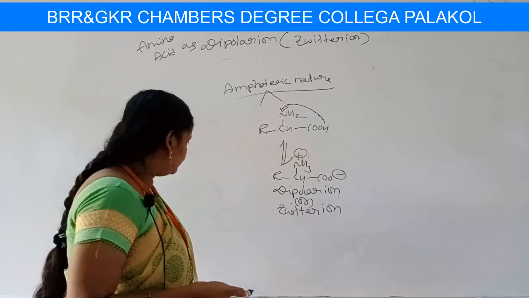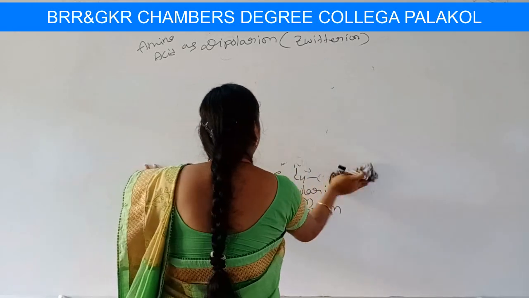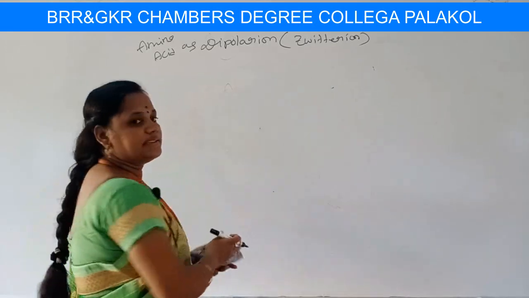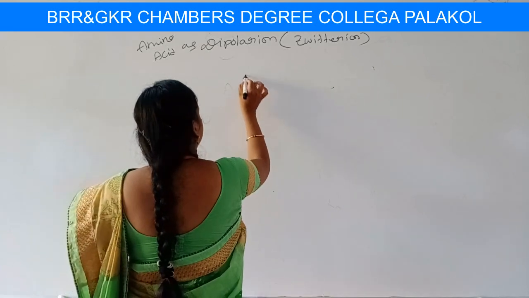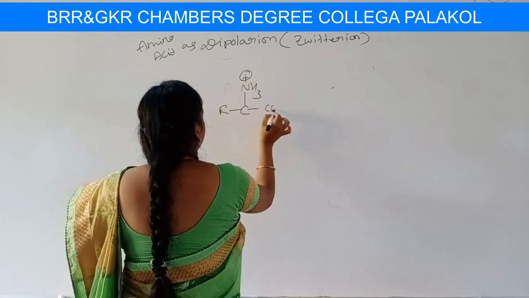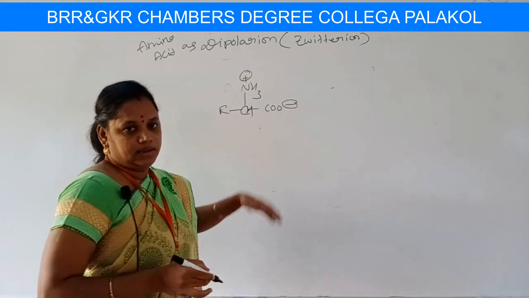Okay students? Let us write about the Zwitter ion. NH3 plus, COO minus. We are taking a general amino acid.